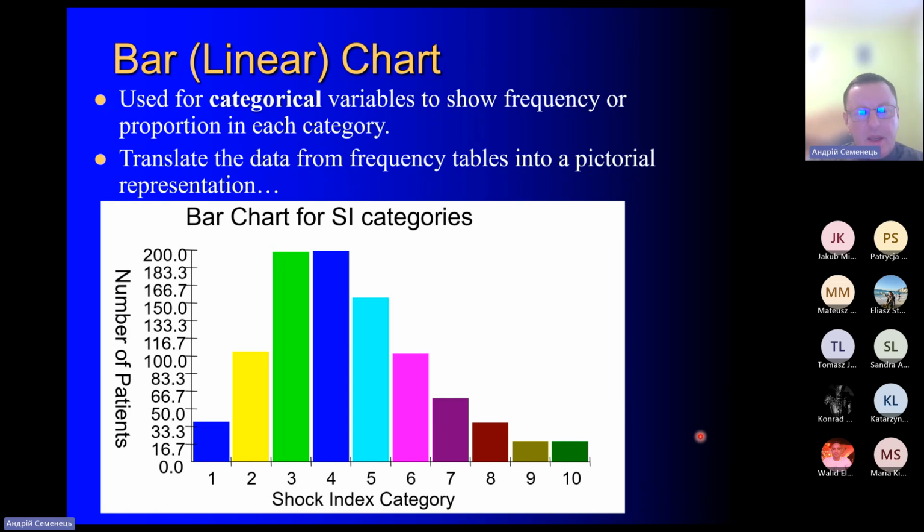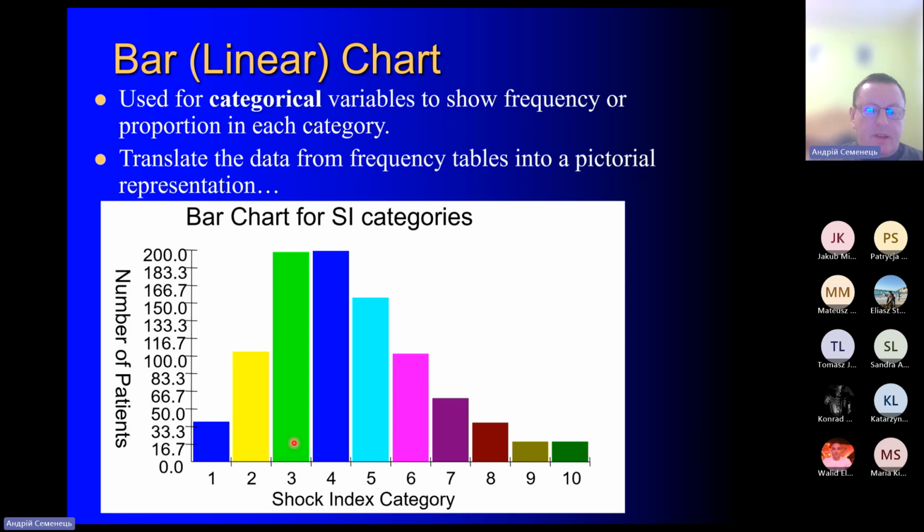So here we have, for example, how we visualize the frequency of shock index per patient. We have levels of shock index, which is again a perfect categorical, ordered variable. And it's again an integer number of cases of this particular shock index.